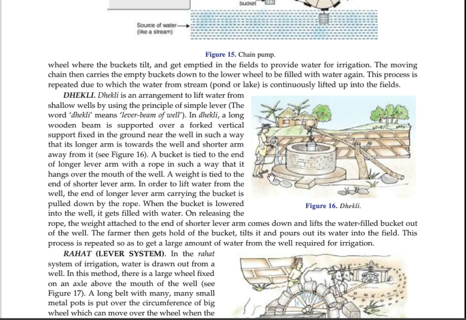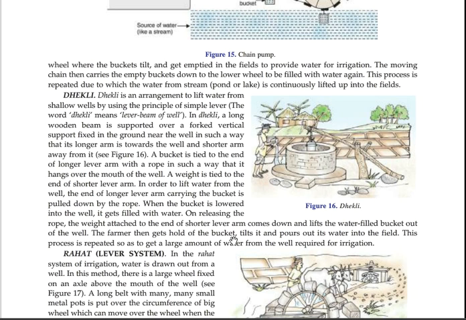We can say that in previous years our agriculture production was lesser because of these simple methods, but nowadays we use some modern methods for irrigation.